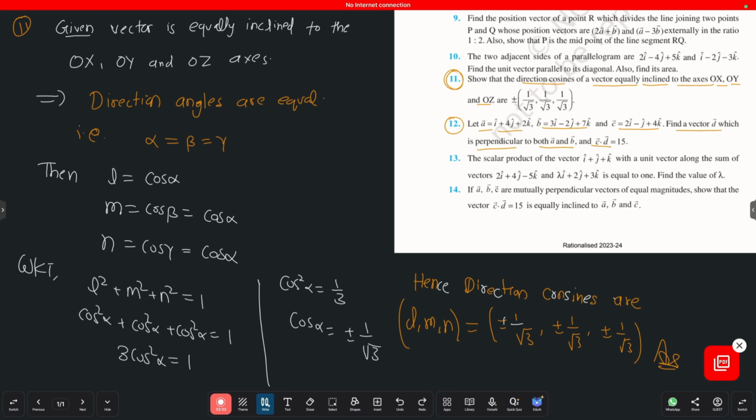Whenever two vectors are perpendicular, their dot product is 0. So D vector dot A vector must be 0, D vector dot B vector must be 0, and C dot D vector must be 15. We have to search for such a vector.